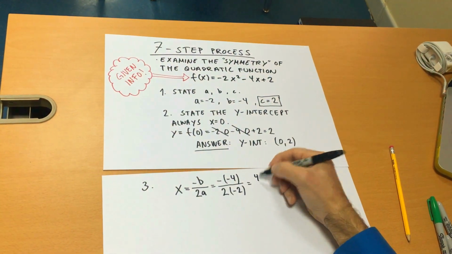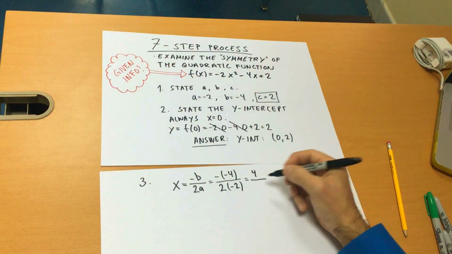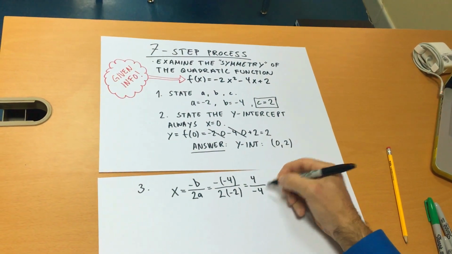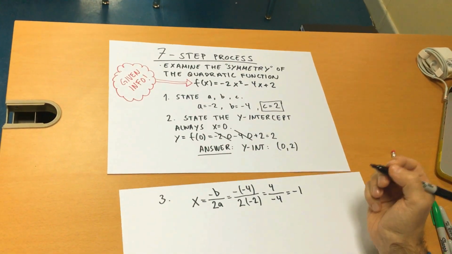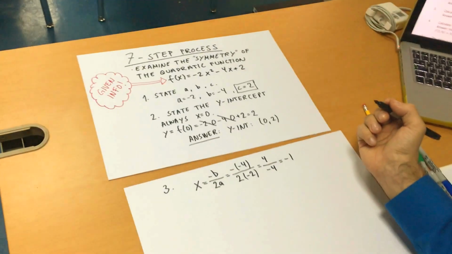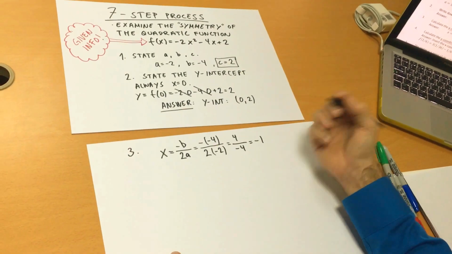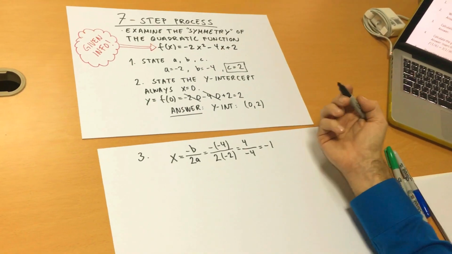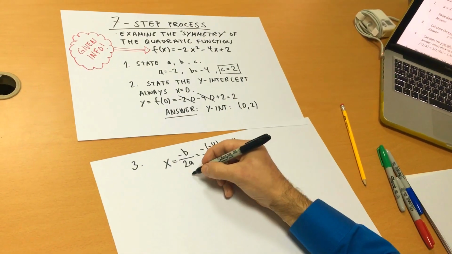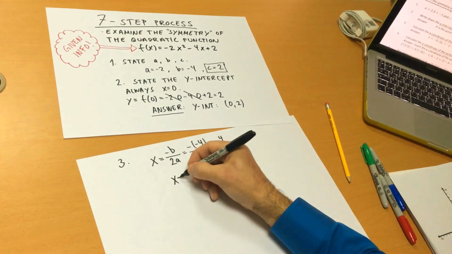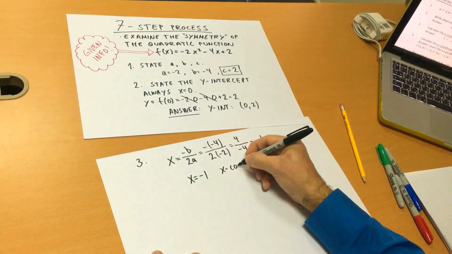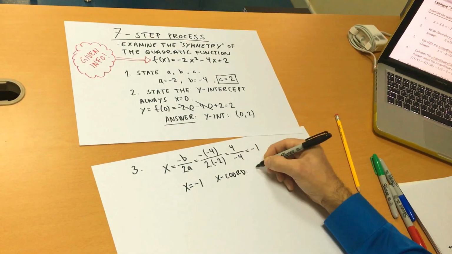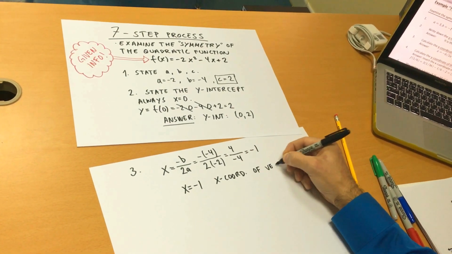Negative 4, that's positive 4. 2 times negative 2, well, that's negative 4. So 4 divided by negative 4 is negative 1. So that's the x-coordinate of the vertex. And if that was the question, then this is my answer. X-coordinate of the vertex is x equal to negative 1.